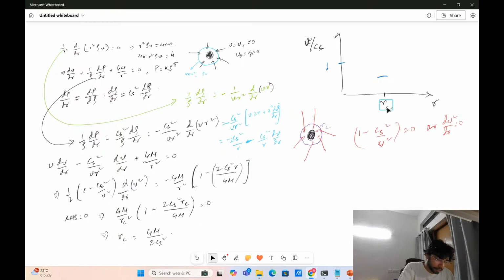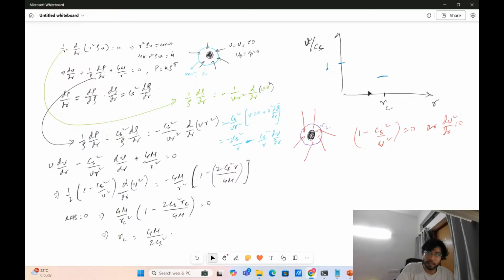And on the other hand, if you take R to be less than RC, then what will be the sign of this quantity? RC is GM by 2c square, and so basically if R is less than RC, this will also be a very weak quantity.